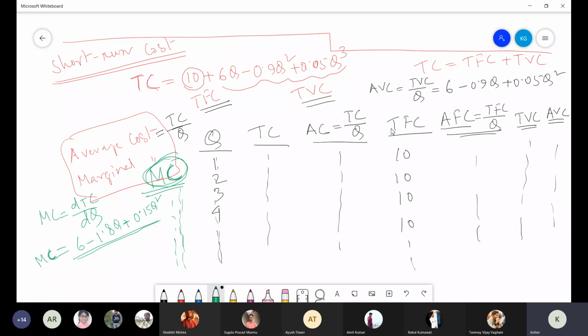Because of producing one additional unit, your cost will go up maybe by 15 rupees. Then the marginal cost for the 101st unit is 15 rupees. So it is the change in total cost divided by dQ. In this case, dQ is 1, 101 minus 100, and the change in total cost is 1015 minus 1000, which is 15. So 15 by 1.